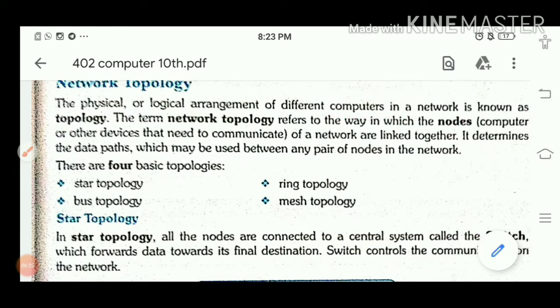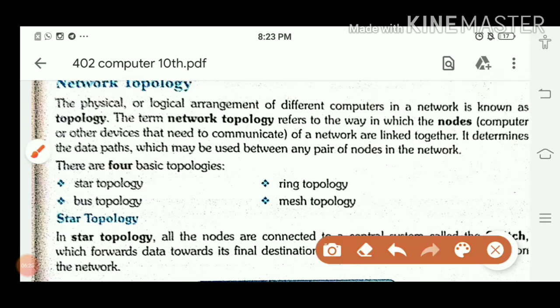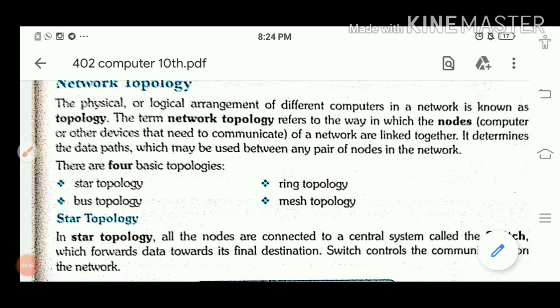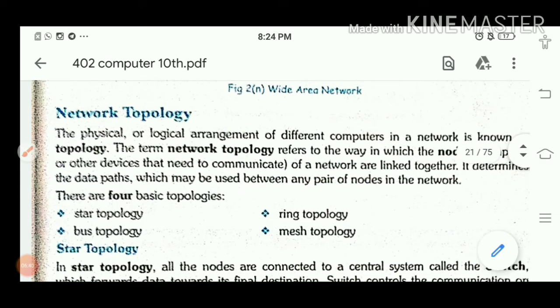Or we can say that network topology refers to the way in which nodes or computers of a network are linked together, means how we can arrange. In an exam question, if it comes to define network topology: topology means arrangement, however you arrange your computers, that method is known as topology. Network topology means arrangement of nodes in the network.